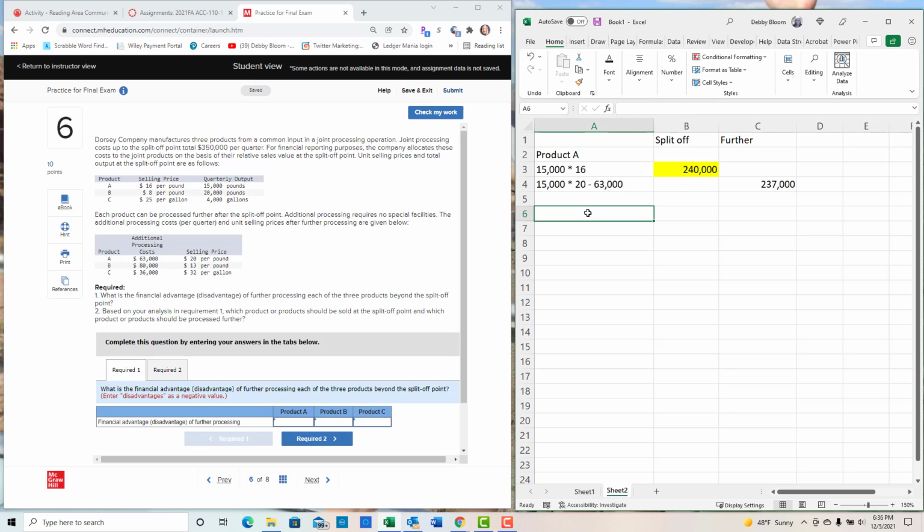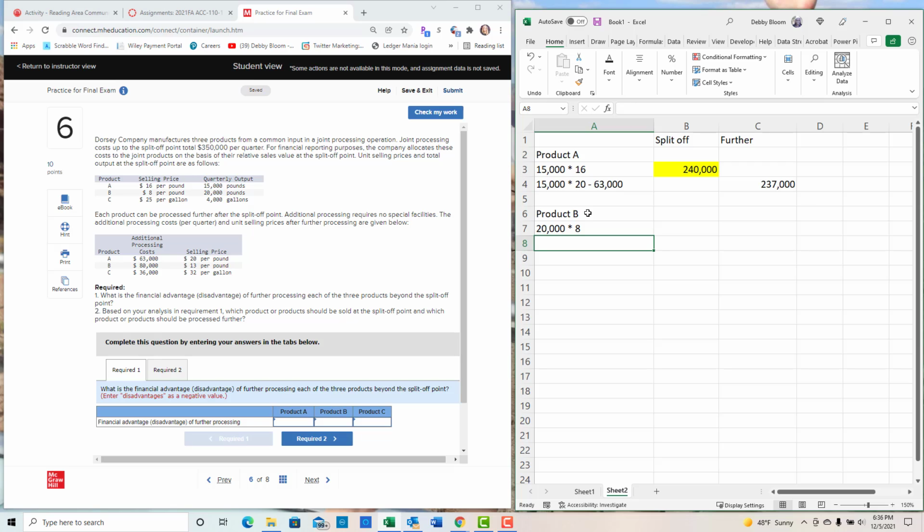Now let's do exactly the same thing for products B and product C. So for product B, if I sell at the split-off point from the first chart, 20,000 pounds, multiplied by $8 per pound.